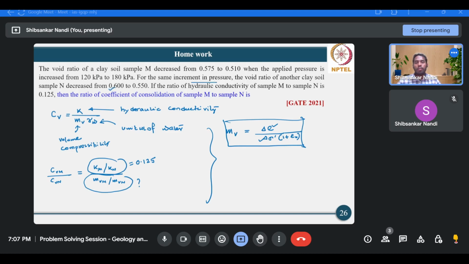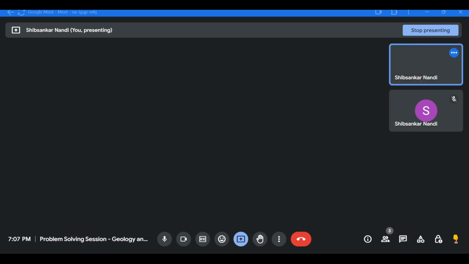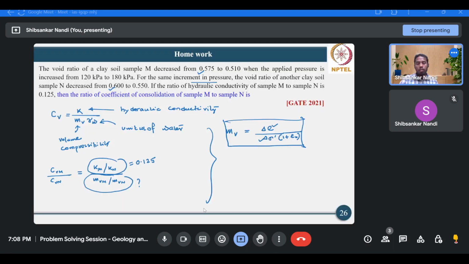So for sample N it's 0.6 and for sample M it's 0.575. So once you calculate the MVM value and MVN, then you have to take a ratio and substitute that ratio in this expression. Then you can easily calculate the ratio of coefficient of consolidation of sample M to sample N.